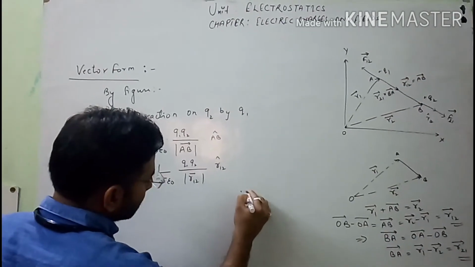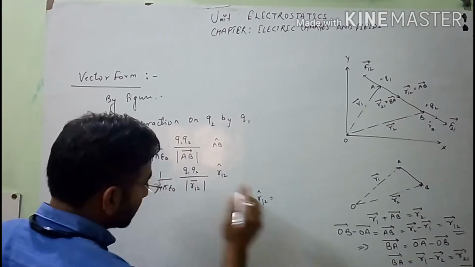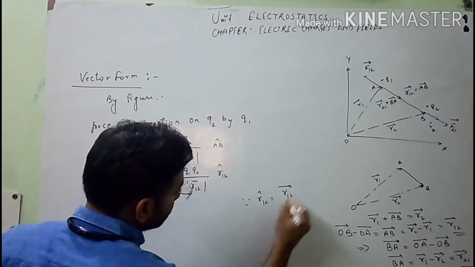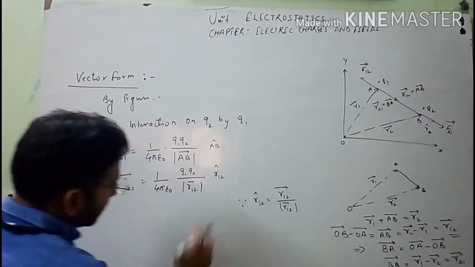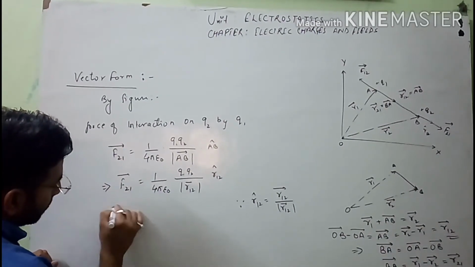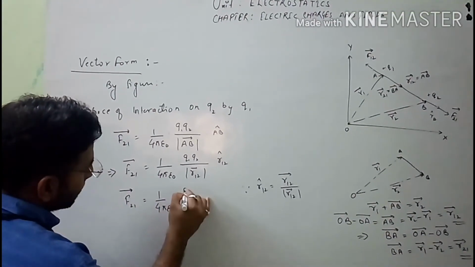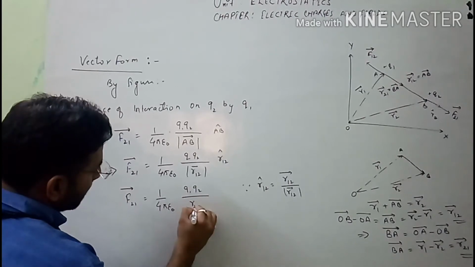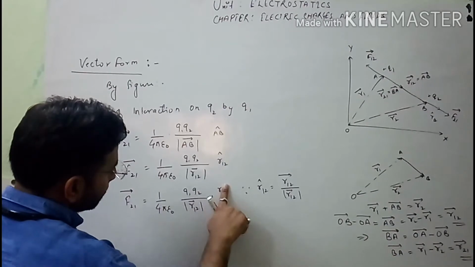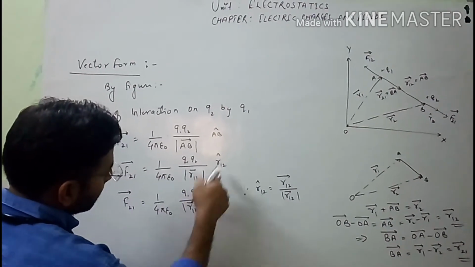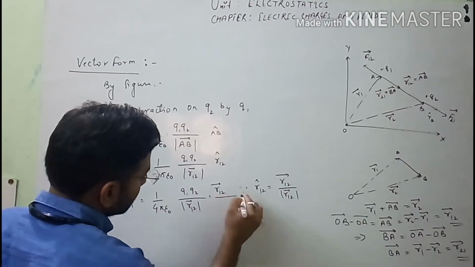You know that this is a position vector, and the R12 position vector can be represented as the R12 vector over its mod. So in the next step, I will write F2 vector, which is equal to F21 vector, equal to 1 over 4 pi epsilon naught Q1 Q2 over R12 into this one, which is our R12 unit vector, because the unit vector can be written in this form.